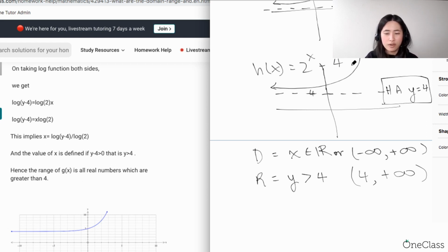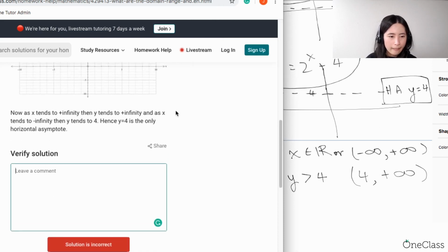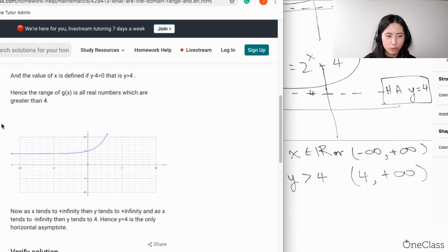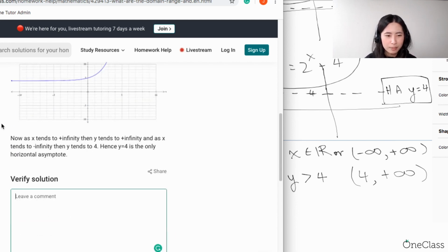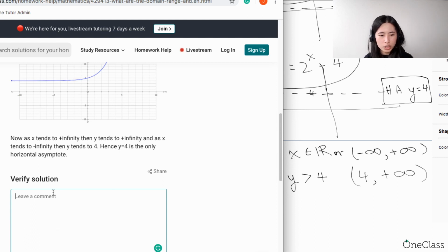Just focus on h of x equals 2 raised to the power of x, and that's it. Okay, great. But yeah, the way they've drawn their function is actually right. However, I wouldn't go to that length of looking for the log and plotting your graph. I would just focus on the parent function.